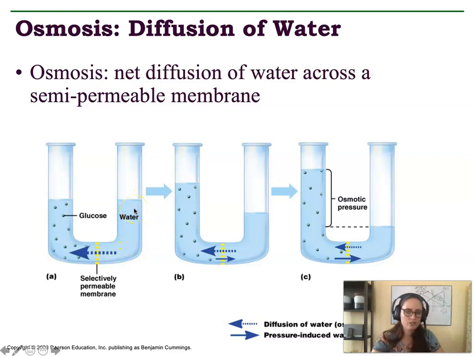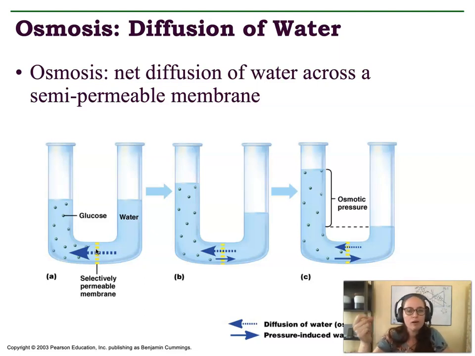You already know that because you're already an expert in gradients. But because this is impermeable to glucose, while being permeable to water, the only thing that can move is the water. And the water is going to go to the area of higher concentration of glucose, because that's what water does.